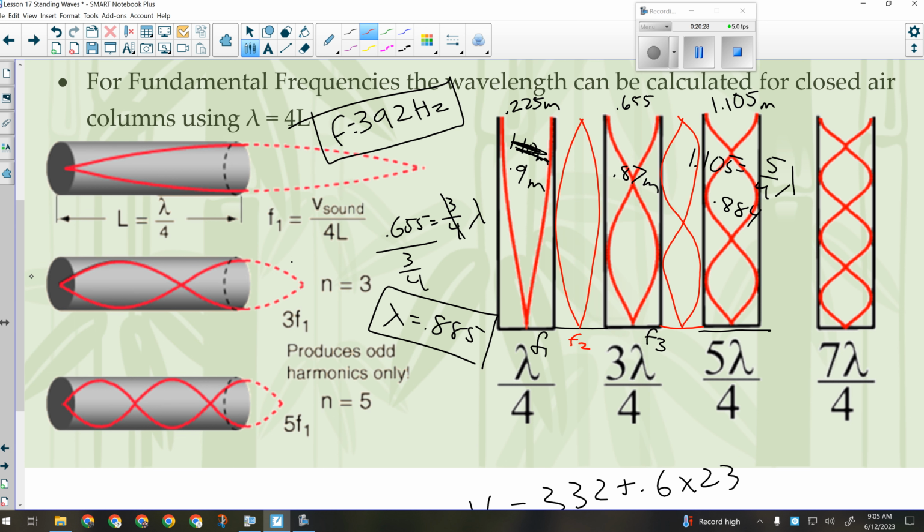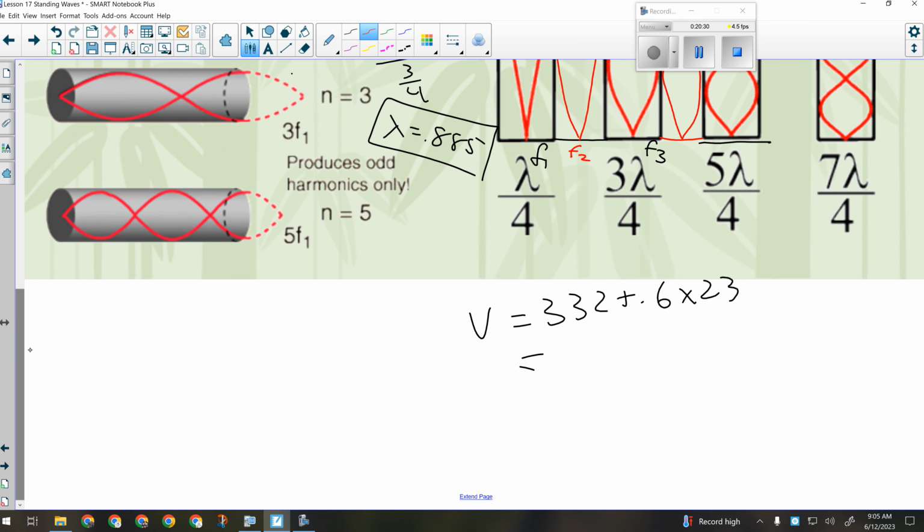So the formula you're going to get for closed air columns is lambda equals 4L. That formula is on your formula sheet. That is for F1 on a closed air column.